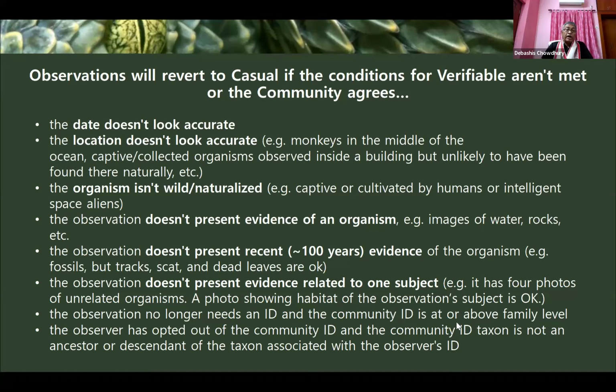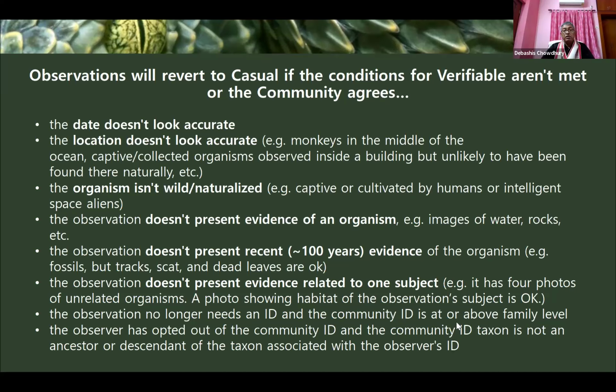So if they think it is a plain tiger, then it is a plain tiger, although the community might think it is a danaid eggfly, which is a different species, but they think that my observation is correct, and they don't want to get it verified by the community.